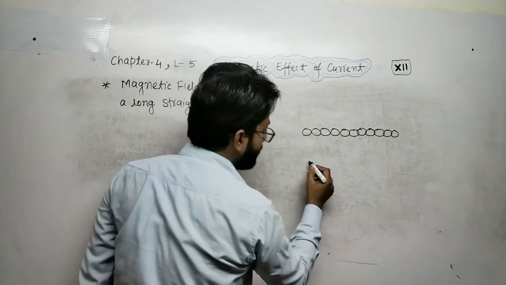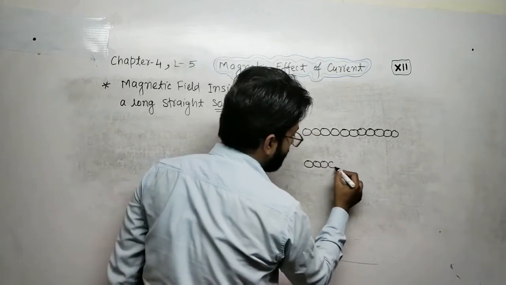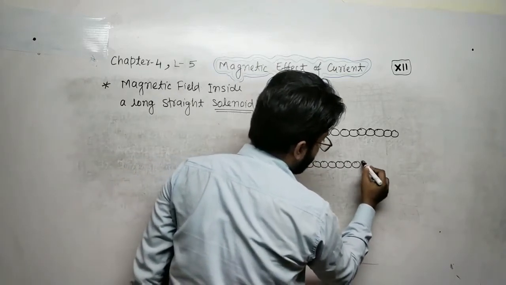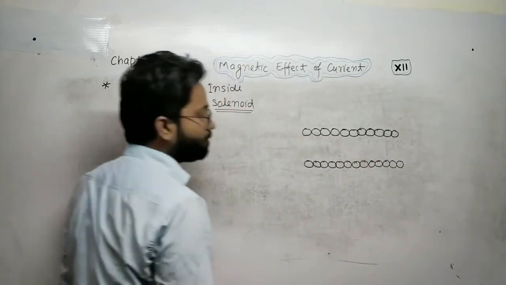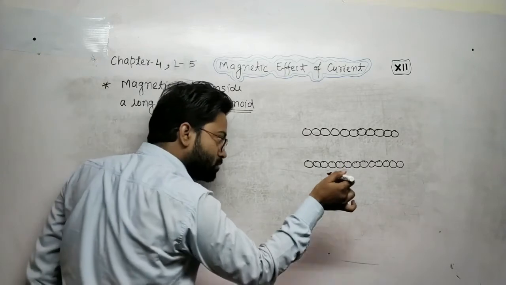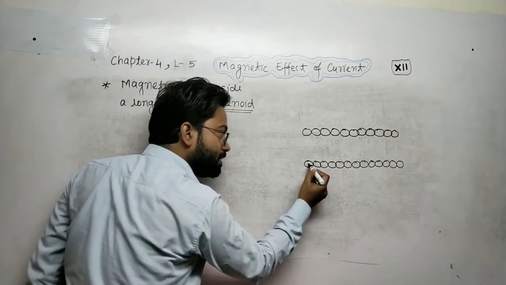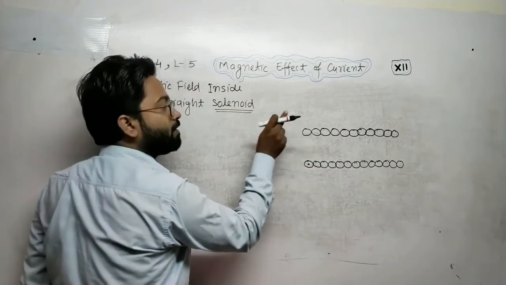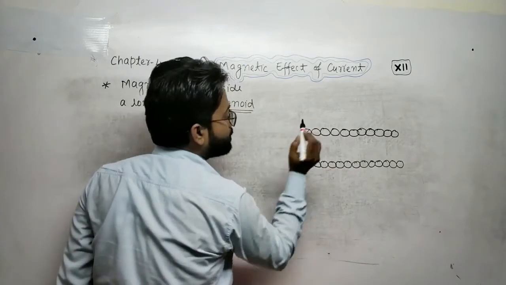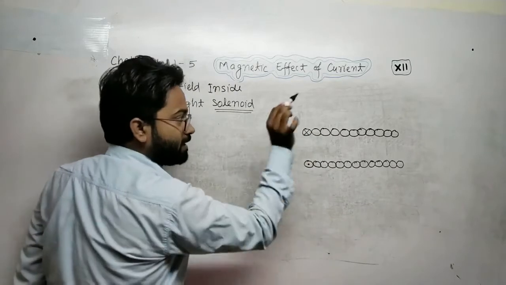This is the upper wire and this is the lower wire. It means current is going in the wire and returning from that wire. Current is rotating like that.